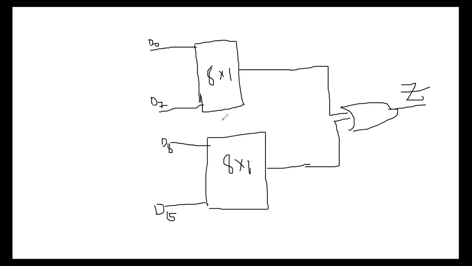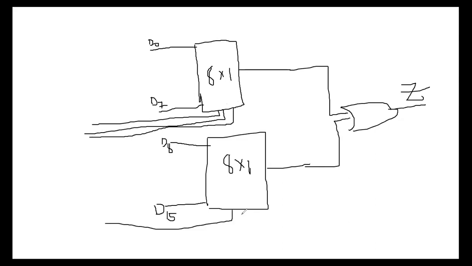Now there are 3 selection lines only. The 3 selection lines are S0, S1, and S2, and here also there are S0, S1, and S2. I am combining these.